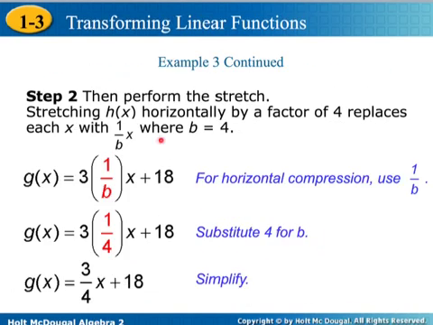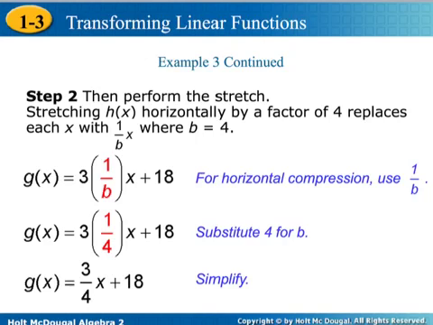But now we want b. We're going by a factor of 4. So we have 1 over b. 3 times 1 over b is 3 times a fourth x, or 3/4 x plus 18. So we're horizontally stretching these things.